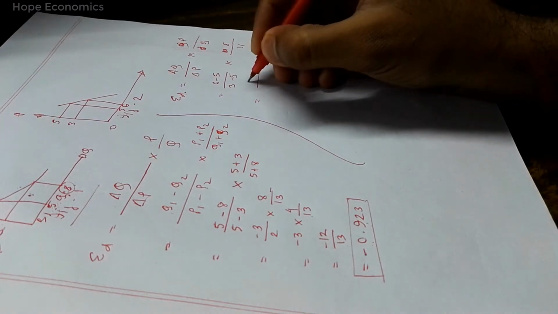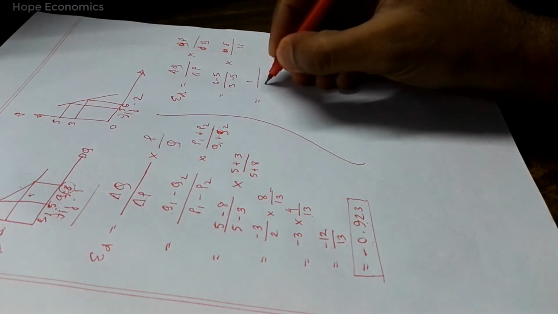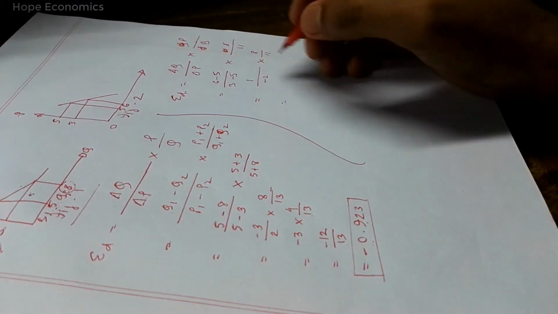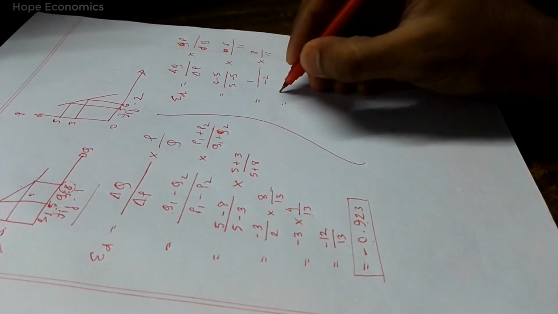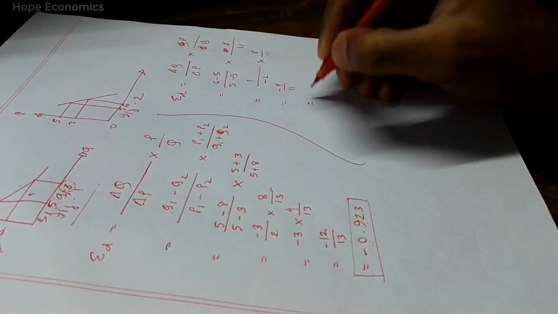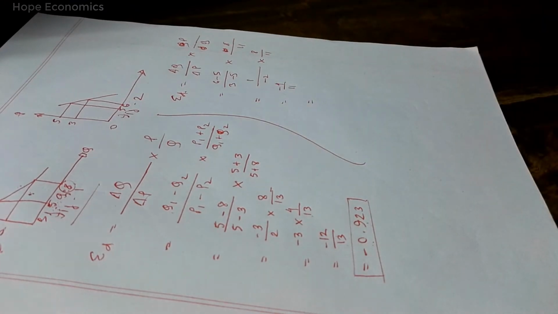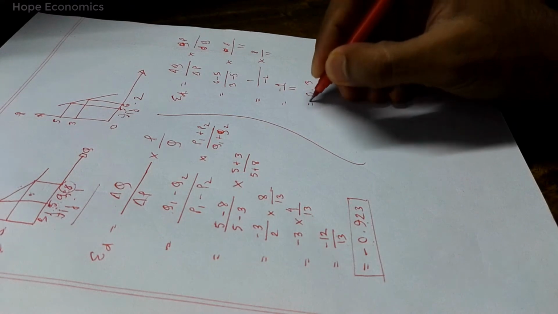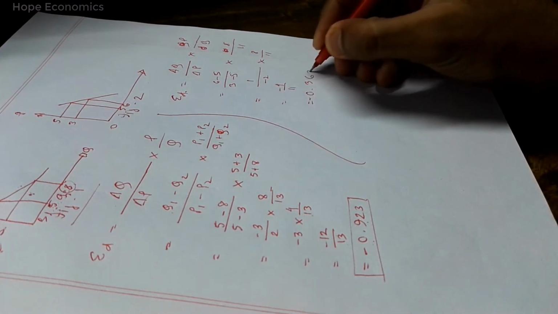So here is 1, here is minus 2, 8 by 11. So it's minus 4 by 11, and the result is 0.363.